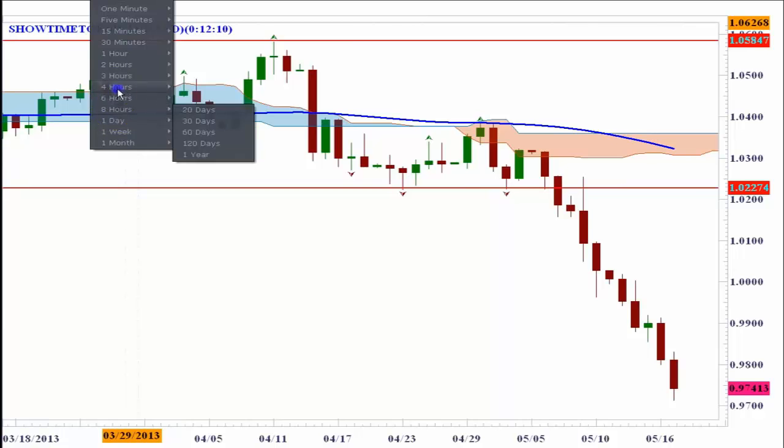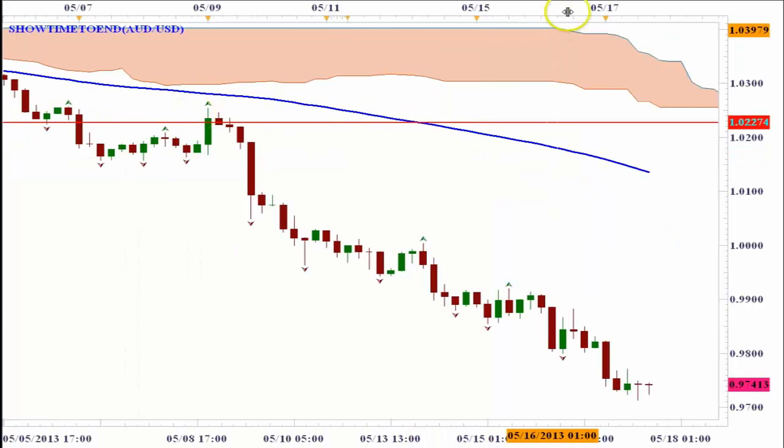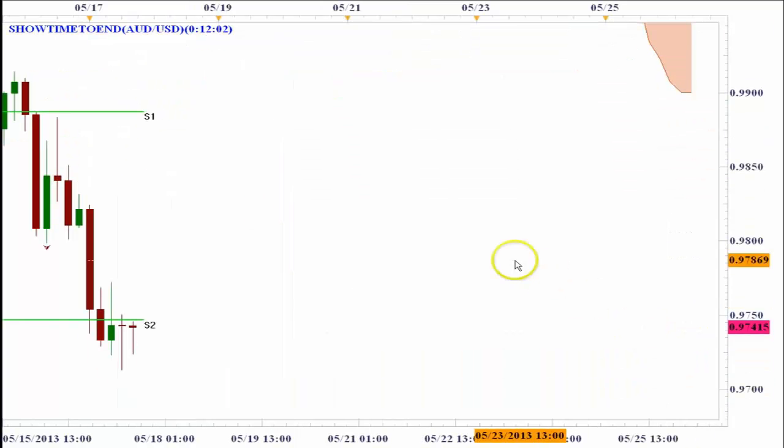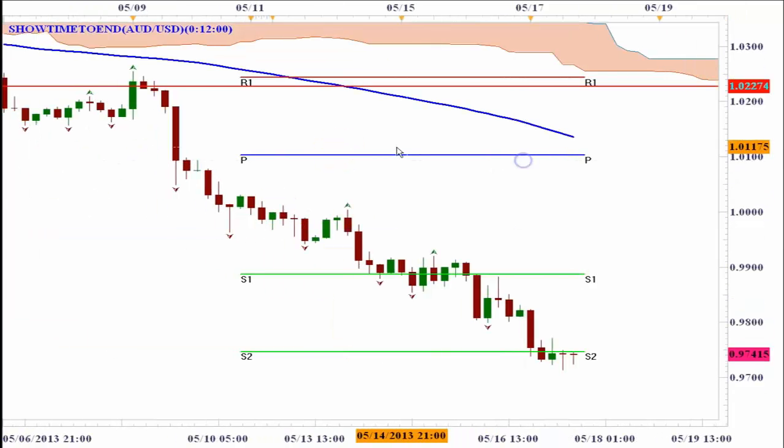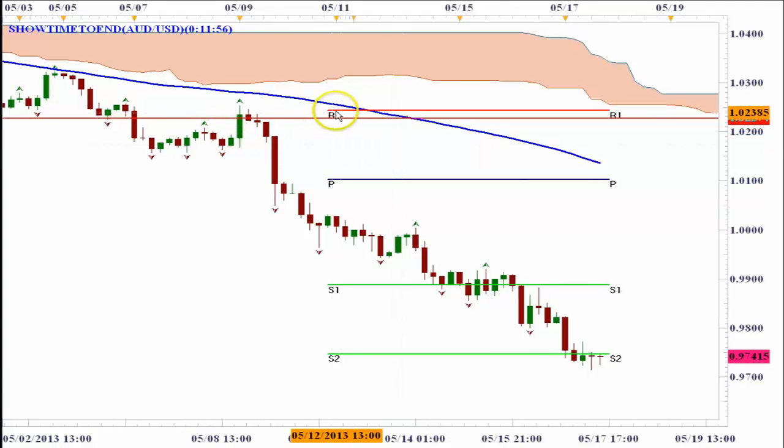So we're going to go back to the 4-hour time frame. And what we're going to do is put the pivot points back in there. Now these won't go back as far as where that trade was, because that was the prior week.